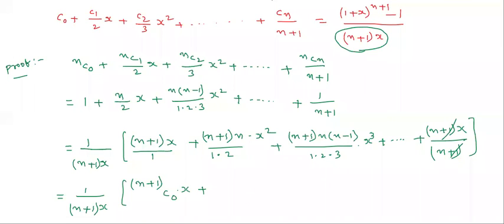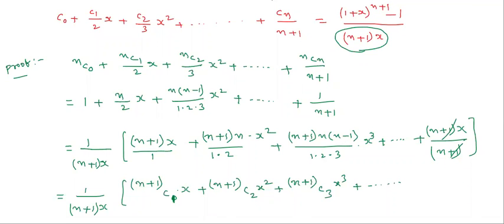The second term, this is not C0 students, it is n plus 1 C1. Second term n plus 1 C2 into x square. Then the third term, by observing the formula, n plus 1 C3 into x cube.